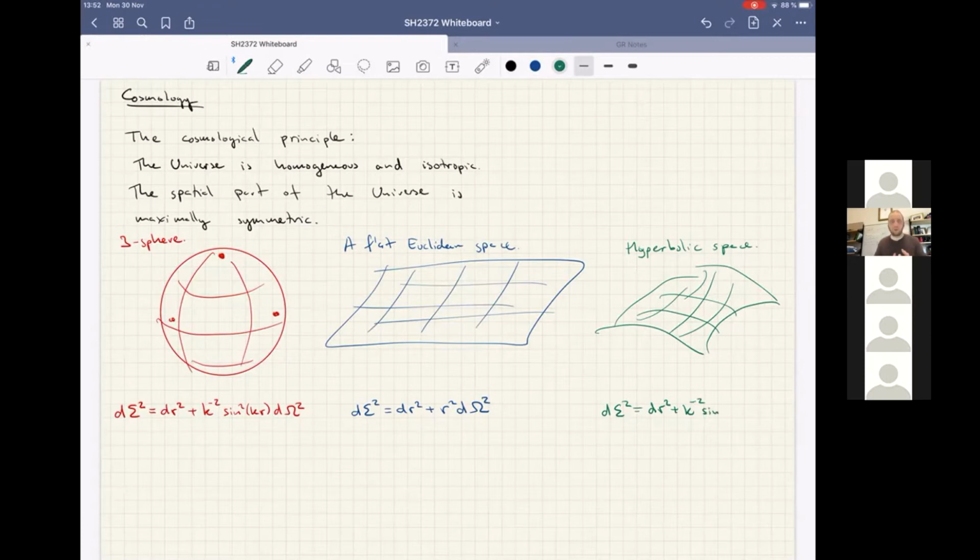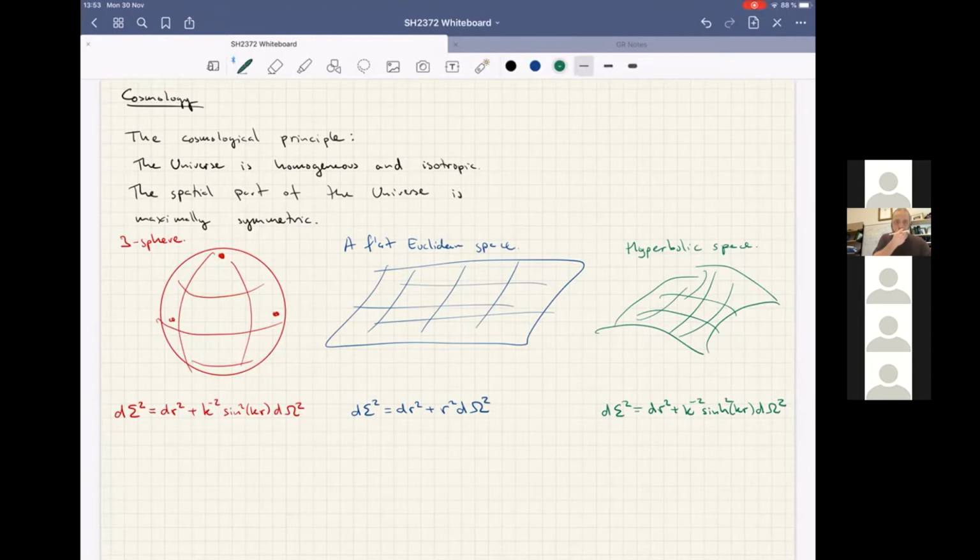But they are all quite similar, and all of them are based on spherical polar coordinates. These are spherical coordinates on the 3-sphere. These are spherical coordinates on the 3-dimensional hyperbolic space. The only difference is this function, which is in front of the angular part of the polar coordinates.